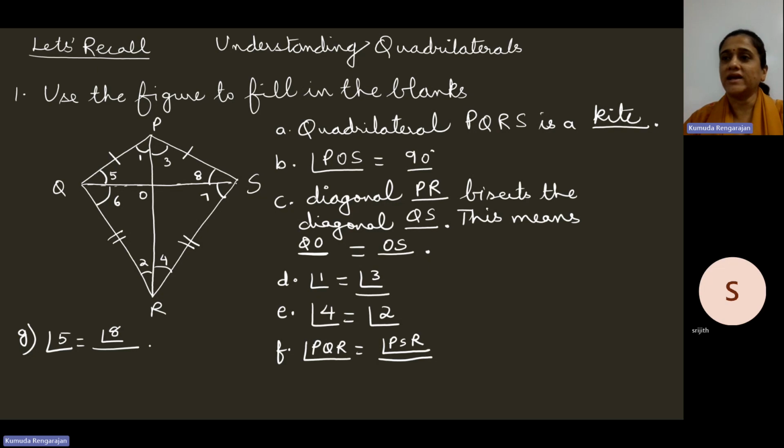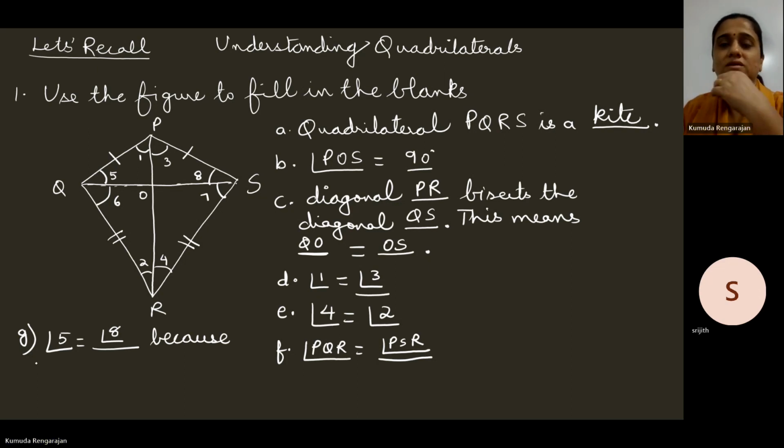Angle 5 is equal to angle 8 because opposite sides are equal. In a triangle, when two sides are equal, the angles opposite to them are also equal.